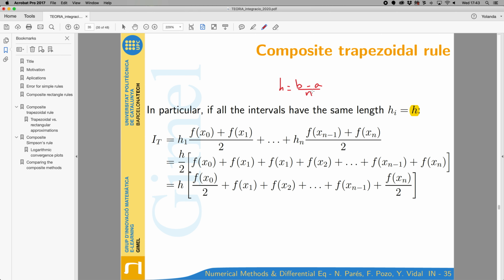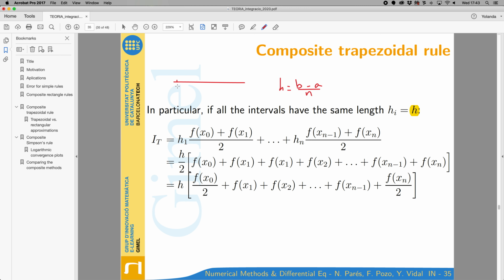Okay? So here I'm writing down each one of the contributions, and we can see here that f of x1 is appearing in this formula, but it will also appear in the next formula because x1 is the right end of the first interval.